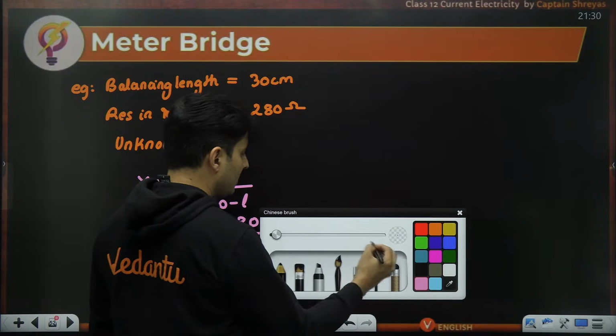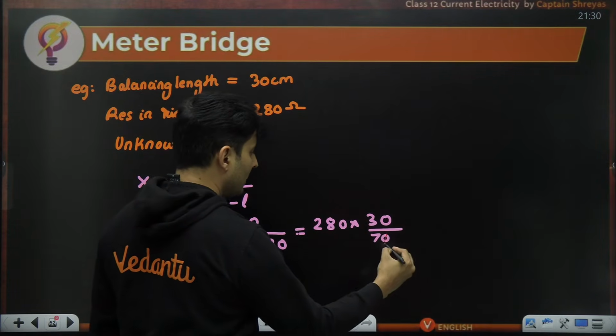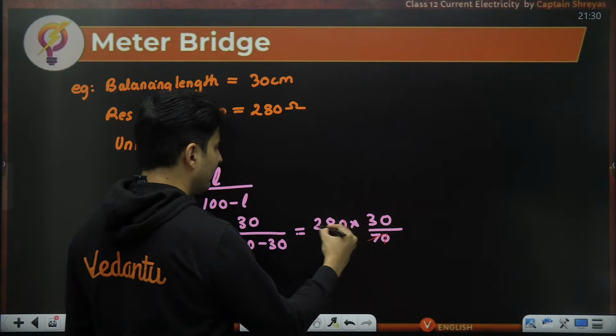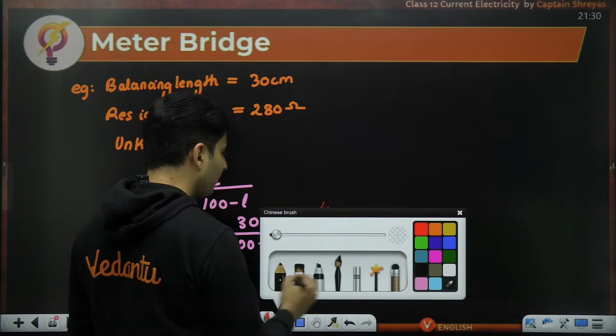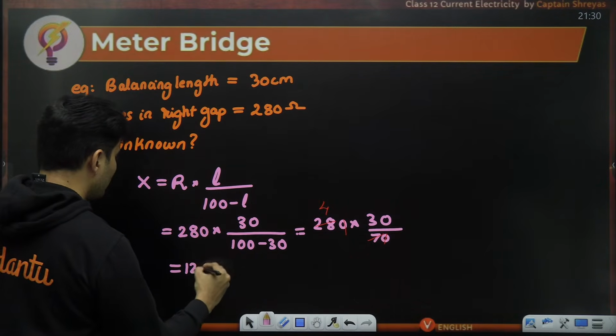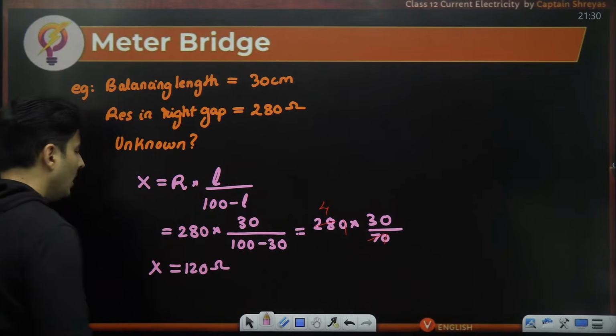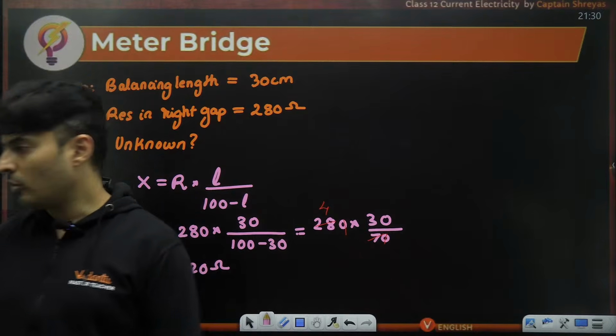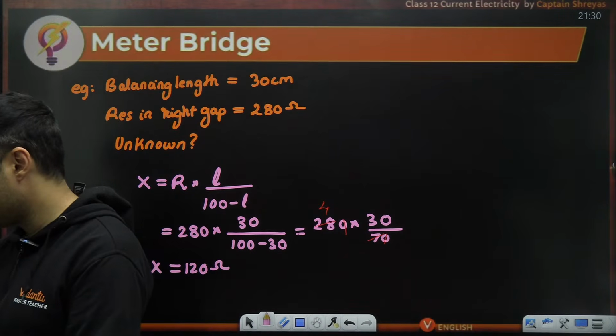As you can notice very clearly, this 0 and this 0 will go. The 7 will go with 28 four times. So 4 into 30, that's 120. So 120 ohms is the unknown resistance.